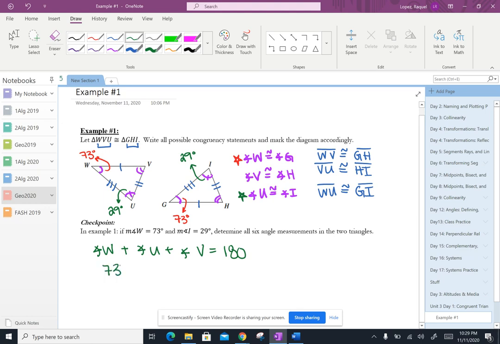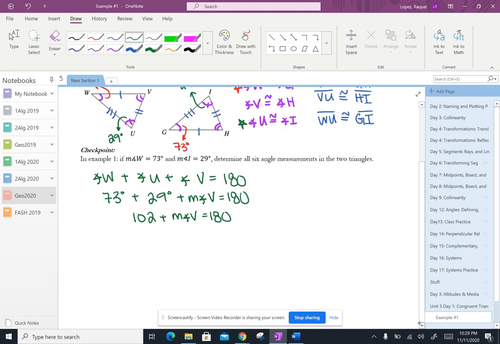Well, I know 2 of those measurements. Angle W is 73 degrees. Angle U is 29 degrees. What I need to find is angle V, so the measure of angle V. So I've got an equation set up. I can go ahead and solve it. 73 plus 29, those things can be combined, and when I do that, I get 102. So I get 102 plus the measure of angle V equals 180.